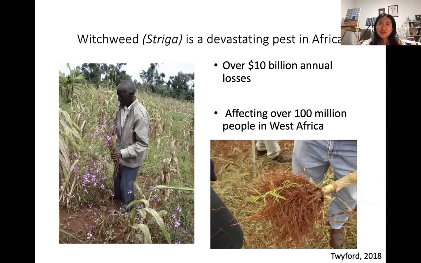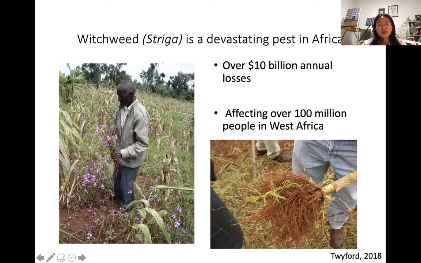However, the common name of witchweed really comes from the sense that they are devastating and aggressive crop pests. Each year, they cause over 10 billion US dollars of losses in Africa alone because they primarily target corn, rice and other monocot crops.